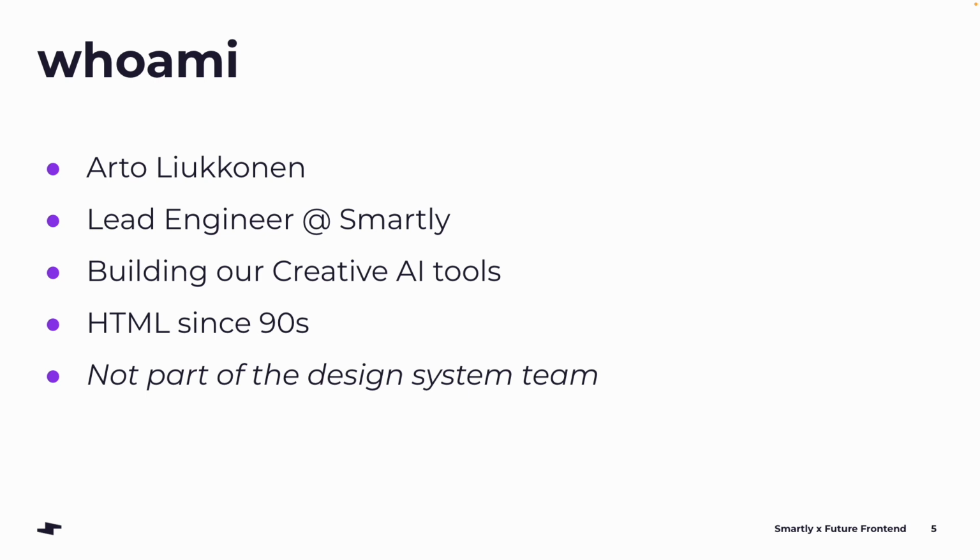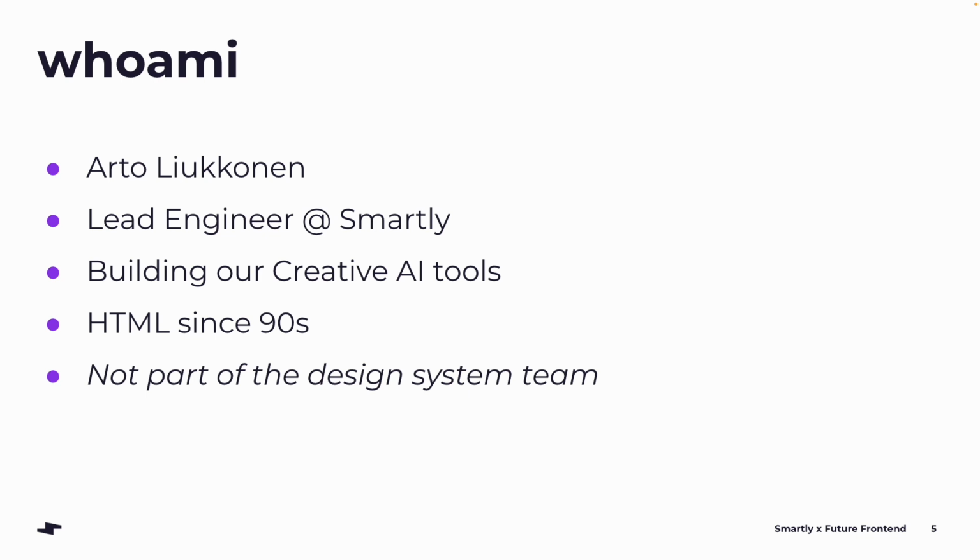So I'm Arto. I'm a lead engineer or senior engineer or some engineer. I'm a web developer at Smartly, and I'm building the creative AI tools here, so I'm not part of the design system team. I have contributed very little to this design system that I'm talking about today, but I'm a heavy user of it. And I've been doing HTML since the 90s, before CSS existed.